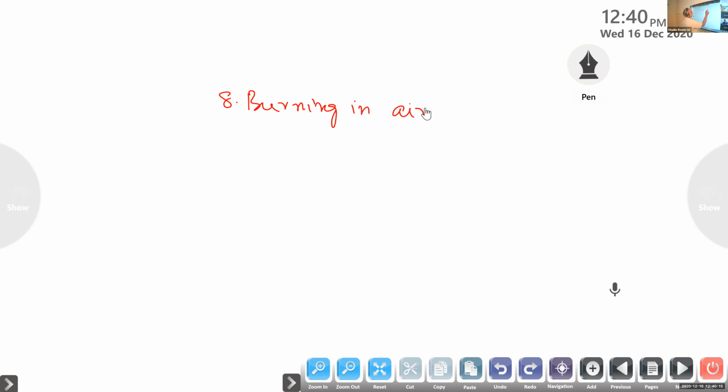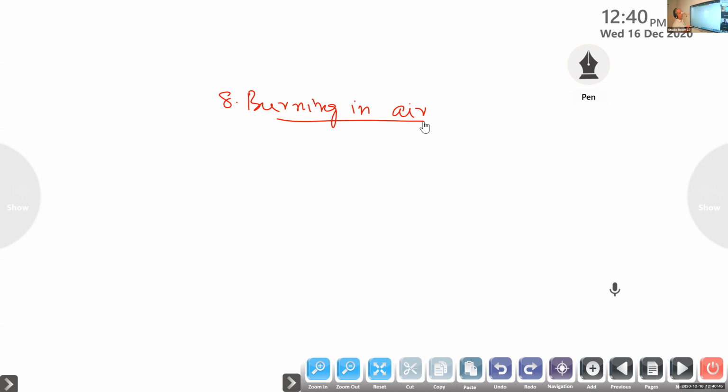You have studied burning of magnesium in air in the 10th standard. Magnesium burns in air, producing a dazzling, very bright flame. We cannot even look at the flame, it's so bright. That is a dazzling white flame, forming a white powder.